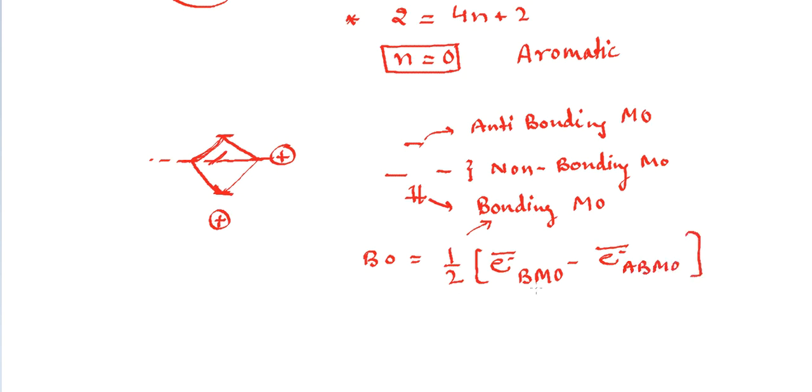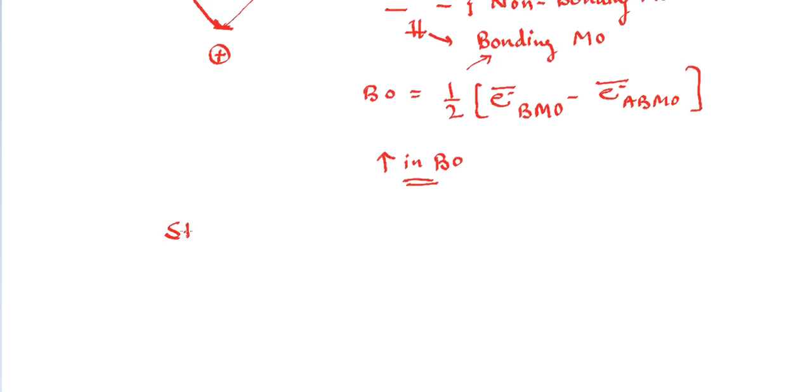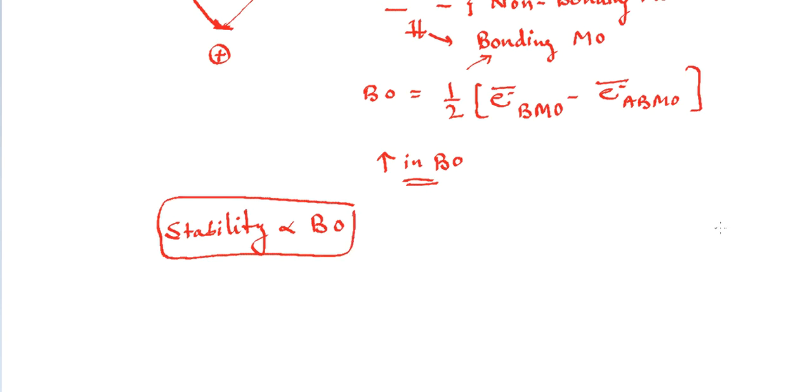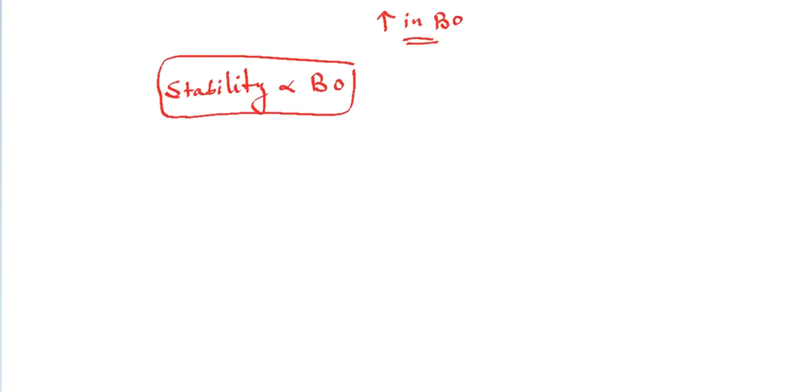Since in this case the electrons are only in the bonding molecular orbitals, that leads to an increase in bond order, which leads to an increase in stability, because stability is directly proportional to bond order. So this is the reason why aromatic molecules are more stable due to resonance. I hope you are able to understand this.